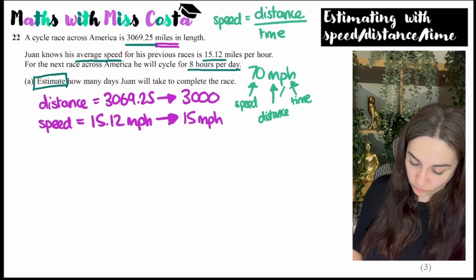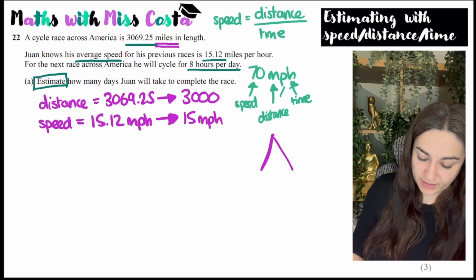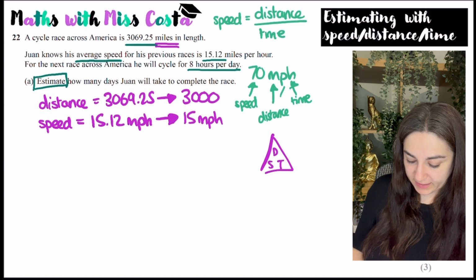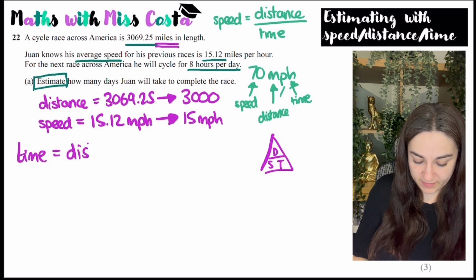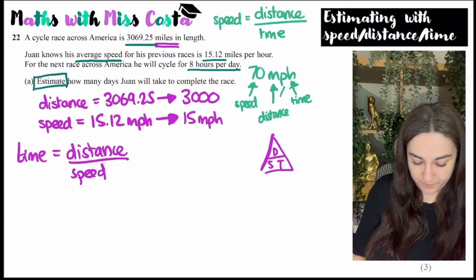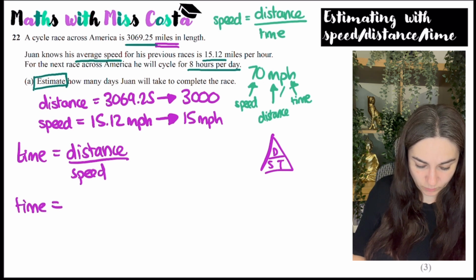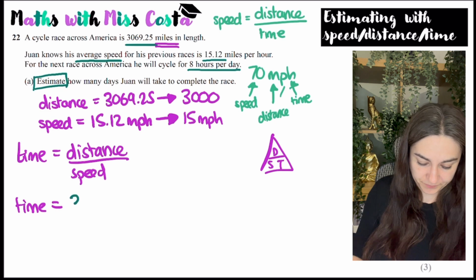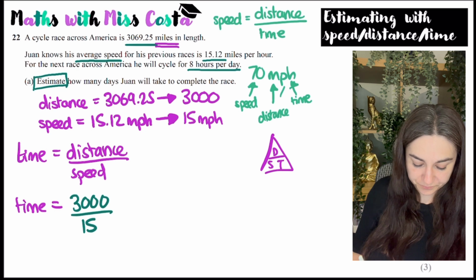So I am wanting to work out my time. So I'd rearrange this formula. So speed is distance over time. If I cover the time over, I know that time is distance divided by speed. So to figure out how much time it's taken him, I'm going to do the distance, which is 3,000, divided by the speed, which is 15.